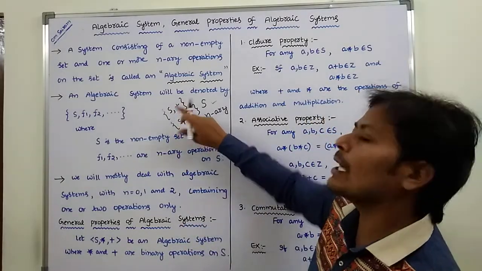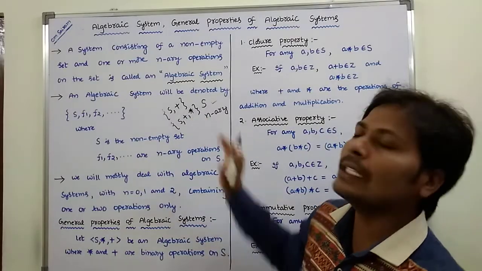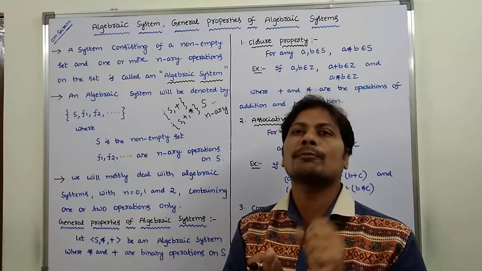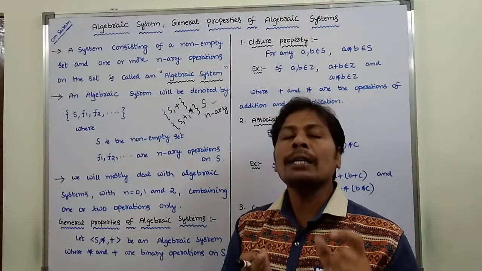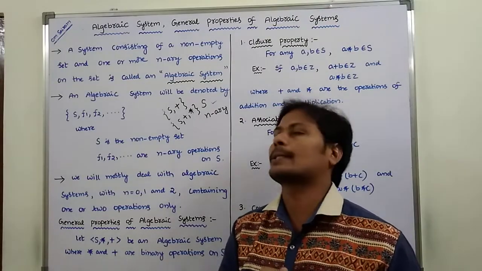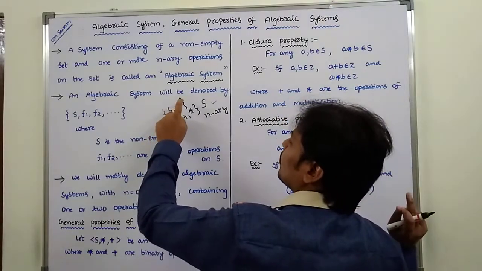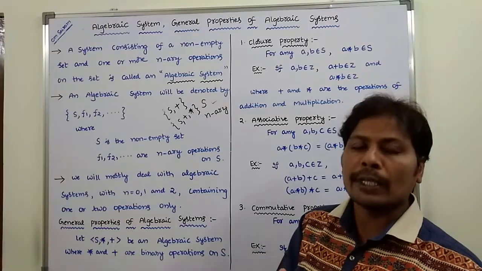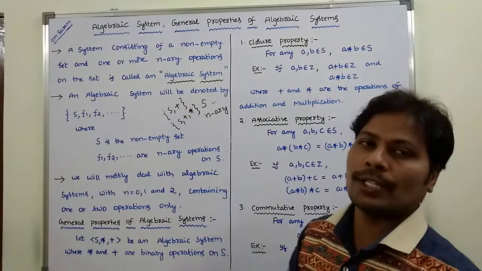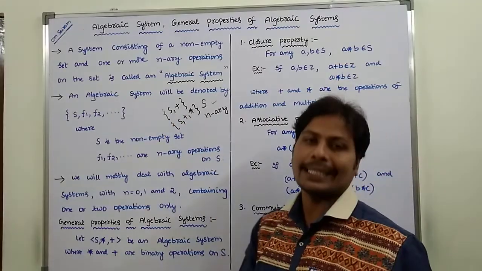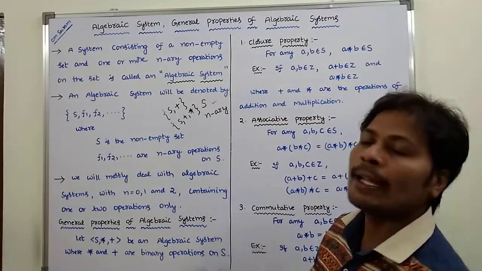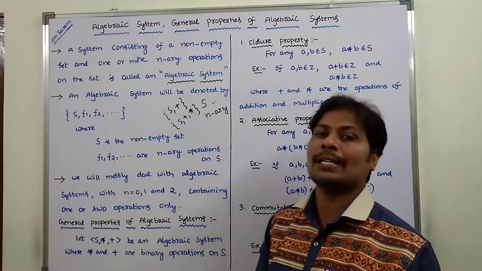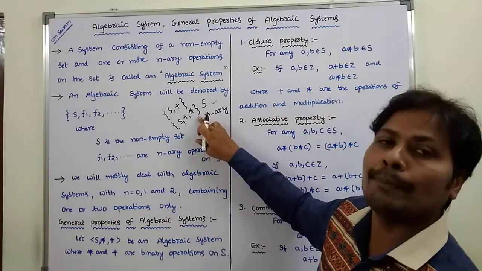Here n is equal to 1, here n is equal to 2. Most algebraic systems deal with one or two operations. With n equal to 1, only the addition operation is performed on the set S. In the second case, the system deals with two operations, addition and multiplication.